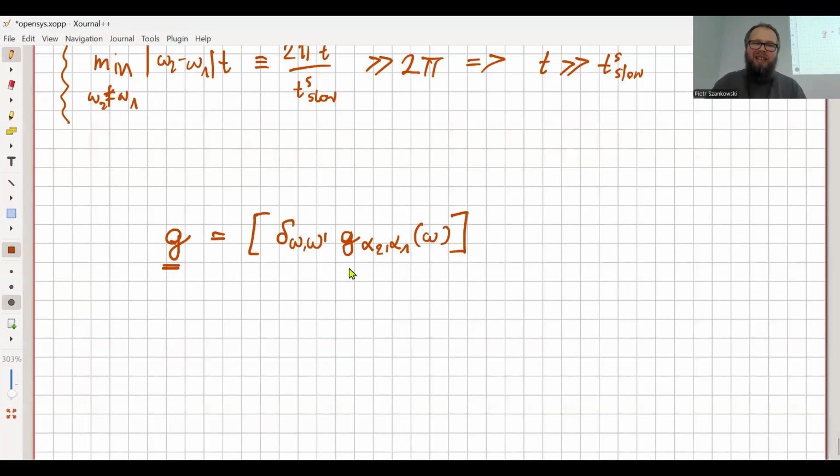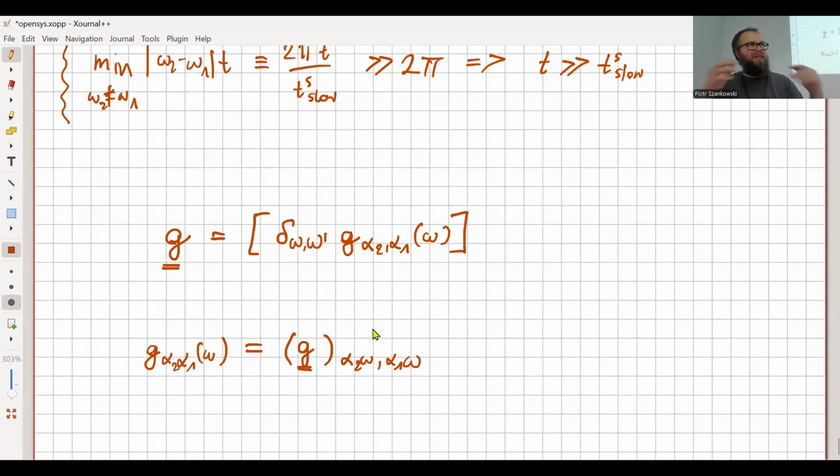So G alpha 2, alpha 1 of omega is nothing else but taking this matrix and taking index alpha 2 omega, alpha 1 omega. So it's a compounded index, like two parts, right? But it is a matrix, diagonal in this omega part of the index.